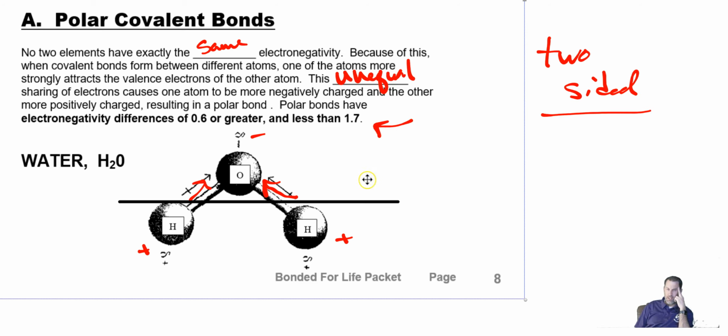Polar bonds have electronegativity differences of 0.6 to 1.7, and you're familiar with from biology that water is polar, meaning two-sided, meaning the molecule has a positive half and a negative half. So that's polar in a nutshell.